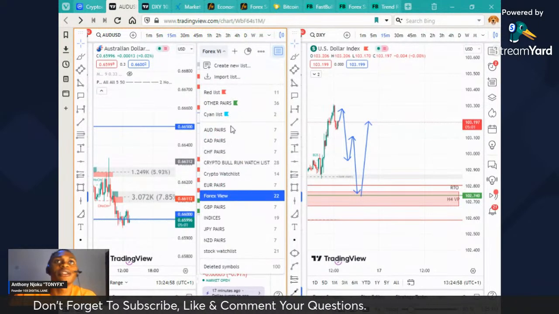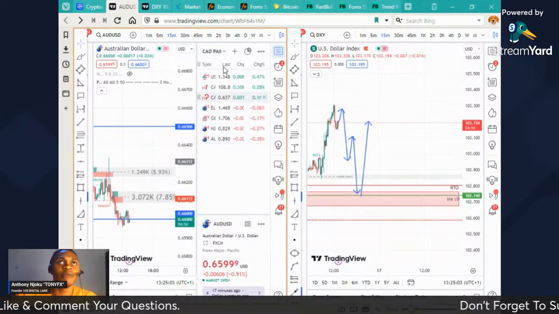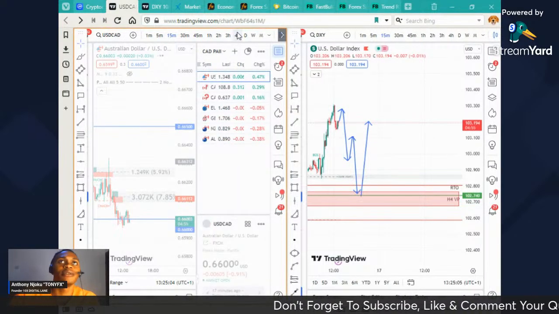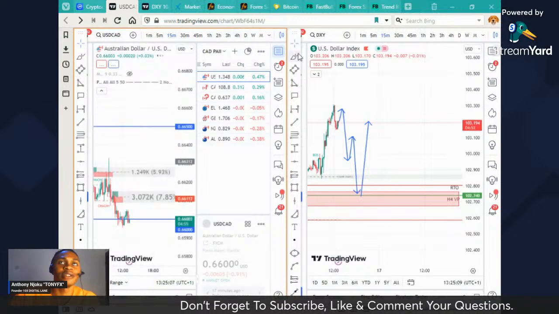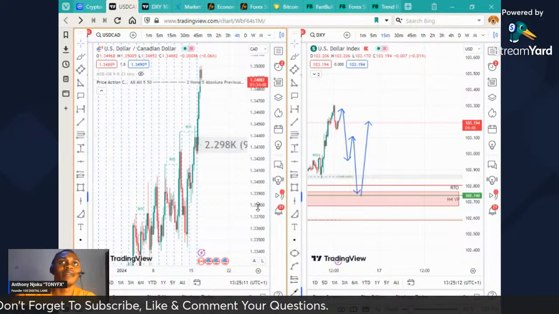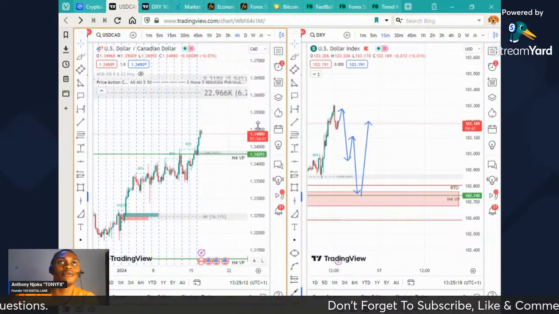Let's check the CAD pairs. Since we have news by 2:30 for CAD, let's see what CAD pairs are looking like. Let's see if we're going to see any of our setups for CAD pairs. Dollar is moving up. Well, the corrective structure is playing out.